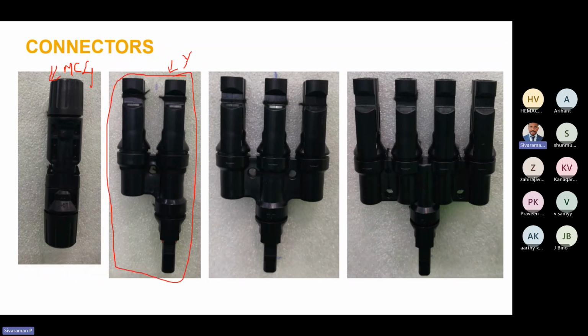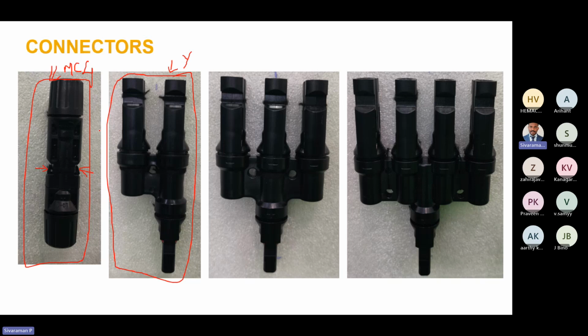In simple terminology, we call this type of connector a Y connector. The left one is called an MC4 connector. This is the removable type. By pressing these two, we can disconnect this connector.